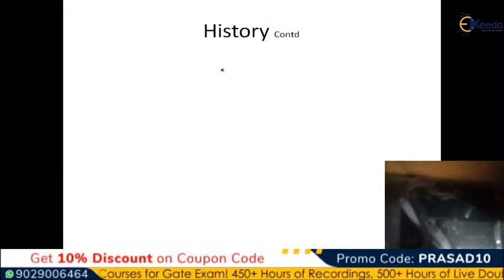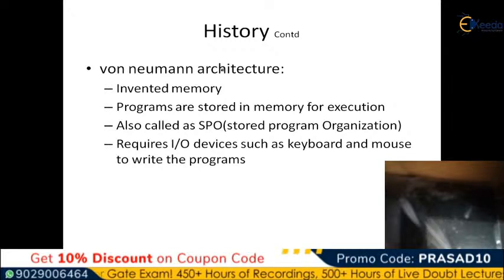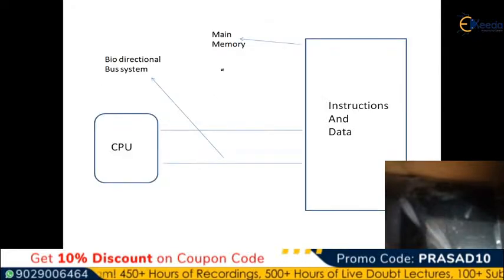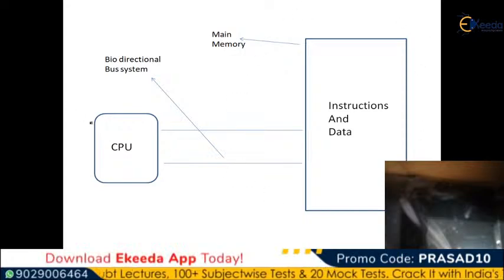Initially we used punched cards, after which comes our main memory. In main memory, we have all the programs residing. After the programs are loaded into the main memory, the CPU will be able to execute them.